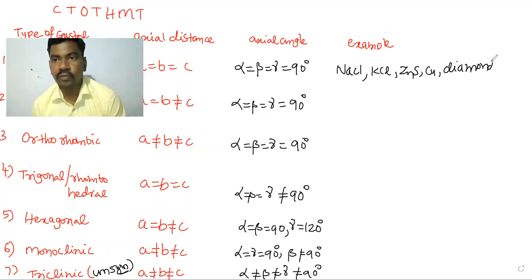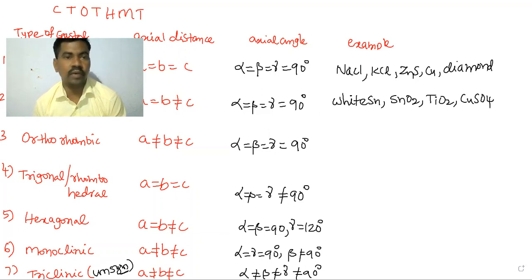These are some of the most common examples of cubic system. The second one, tetragonal: white tin, then tin oxide, then titanium dioxide, then copper sulfate, CuSO4. These are the examples for the tetragonal system.